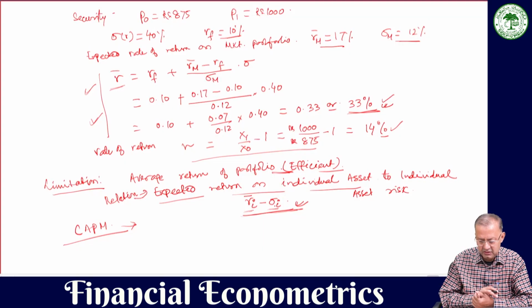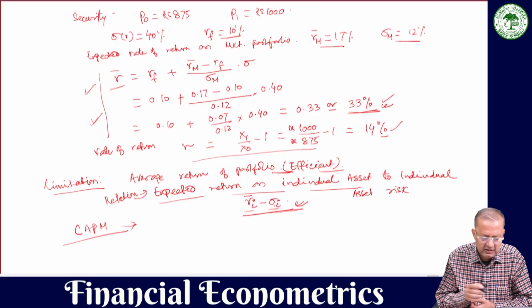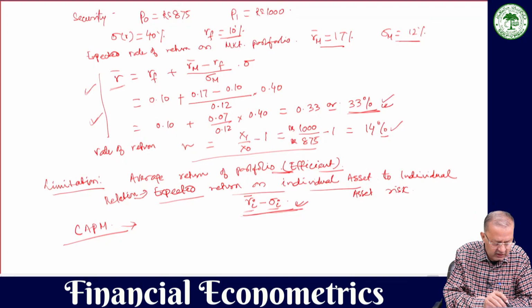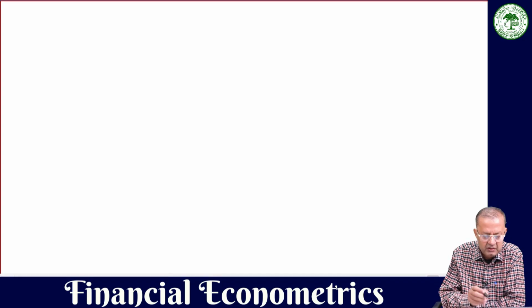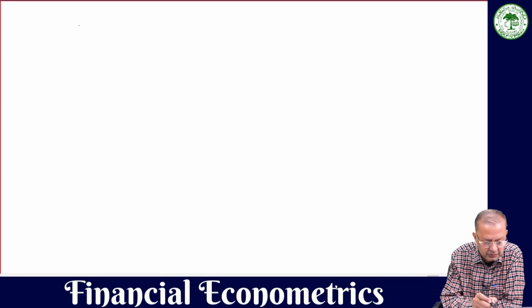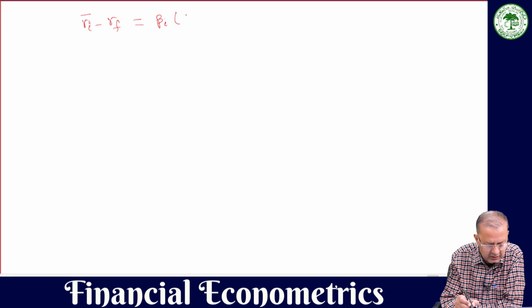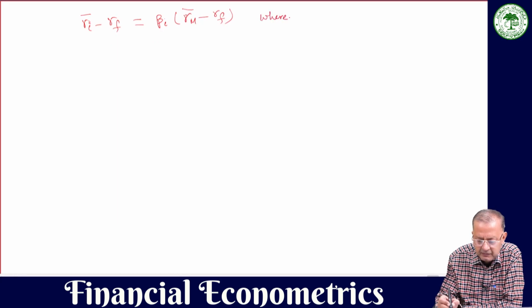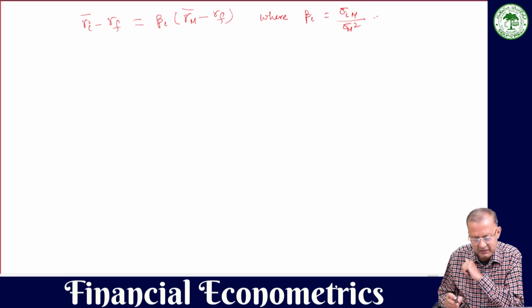This is the basic question. So for this, we write down another equation like this: Ri bar minus Rf is equal to beta i times (Rm bar minus Rf), where beta i is equal to sigma im upon sigma m square.